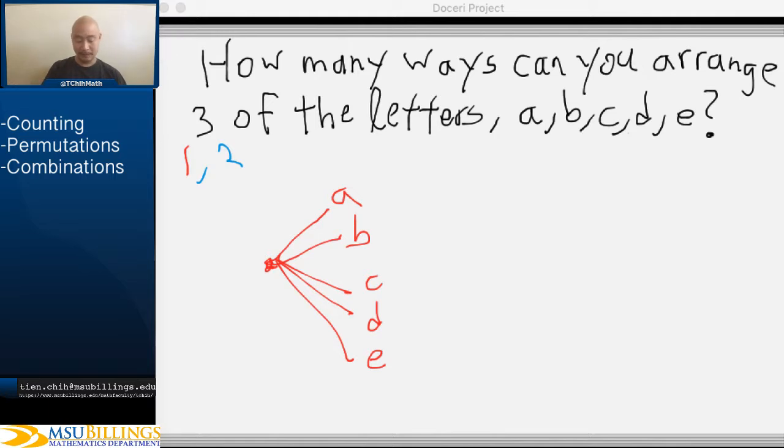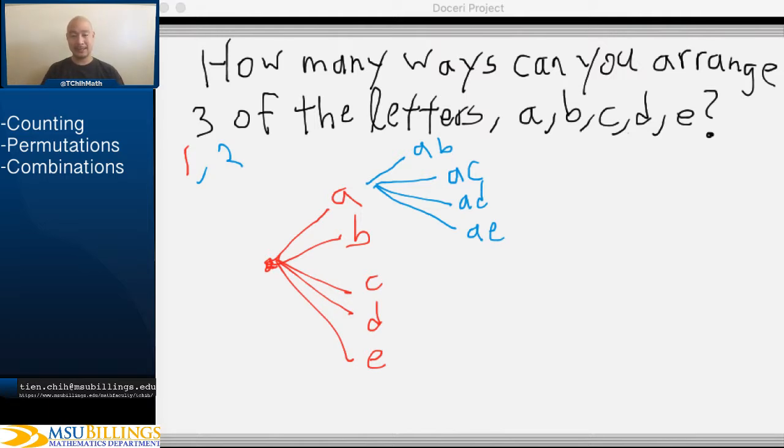And so let's think about how many ways an arrangement could start with A. Well, you have AB, AC, AD, and AE, right?